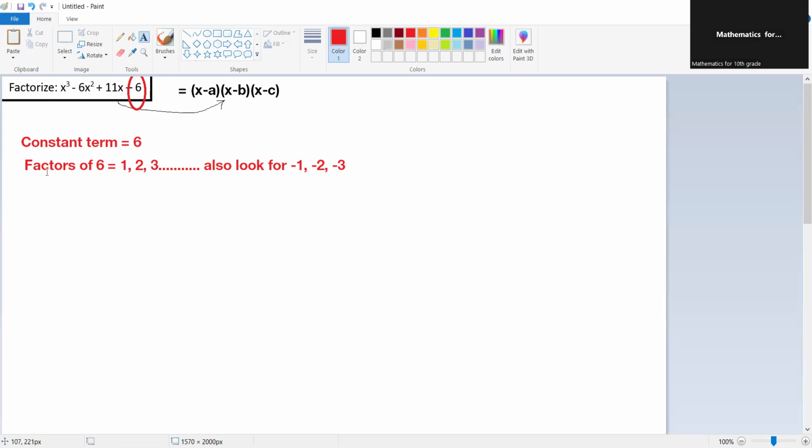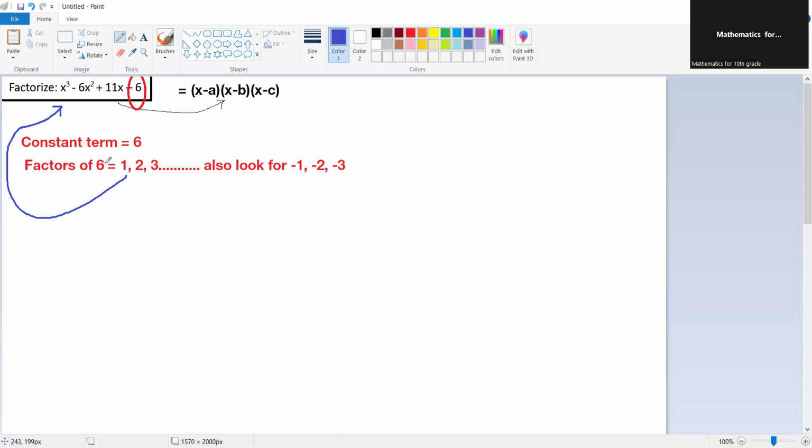So I am putting x equal to 1 here. So we'll check one by one. If 1 doesn't work, then we'll try 2, or else 3, or minus 1, or minus 2, or minus 3. Ideally, one of these should work.